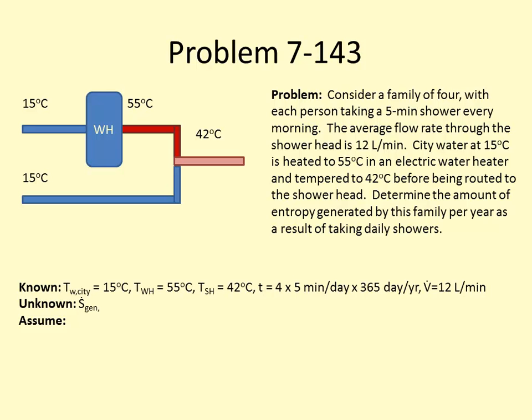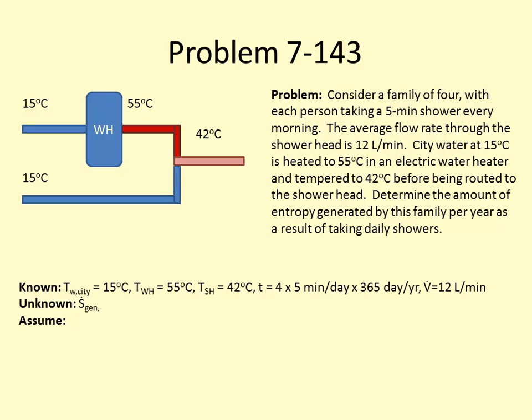Okay, so we have m dot 1 plus m dot 2 times S1 minus m dot 4 S4 is equal to negative S dot gen. Okay, so we can solve for S dot gen, plugging in all these numbers.